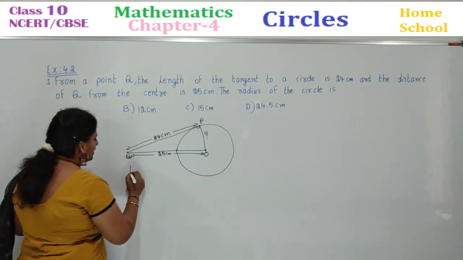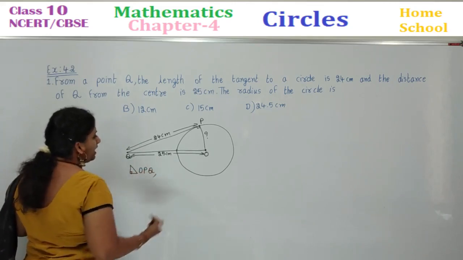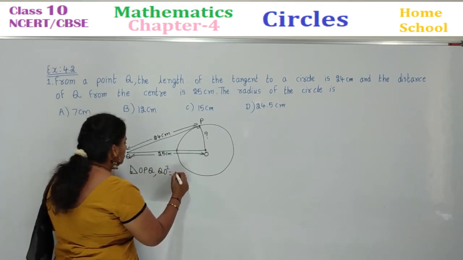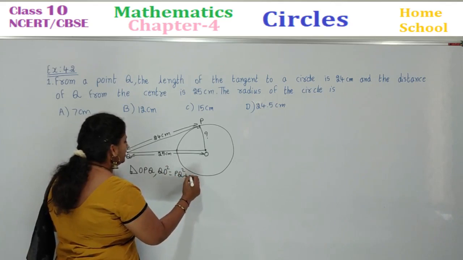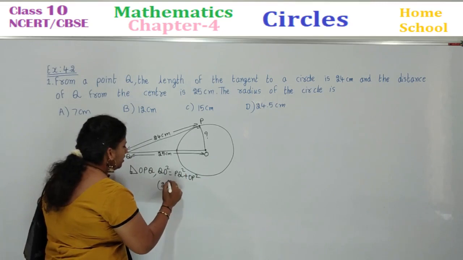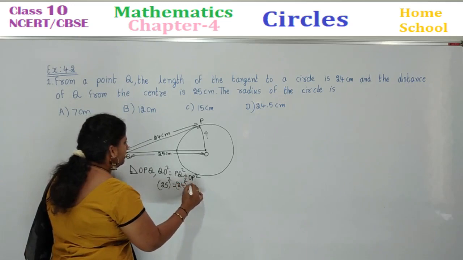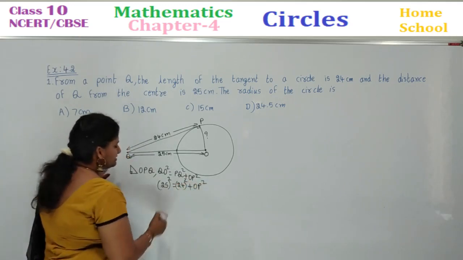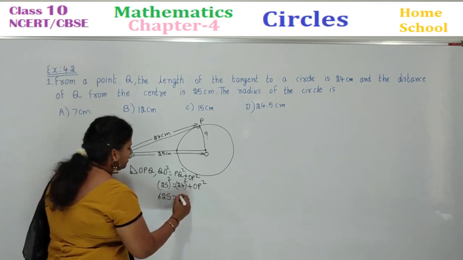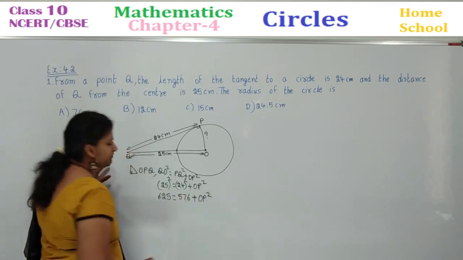Consider the right triangle OPQ. Apply Pythagoras theorem: hypotenuse square is equal to the sum of the squares of the other two sides. QO is 25, whole square. PQ is 24, whole square. I don't know the radius, so OP square as it is. 25 times 25 is 625. 24 times 24 is 576, plus OP square.